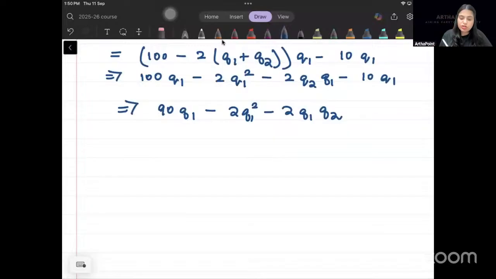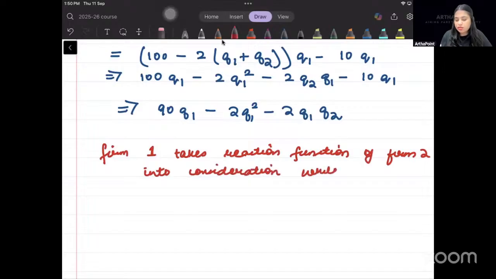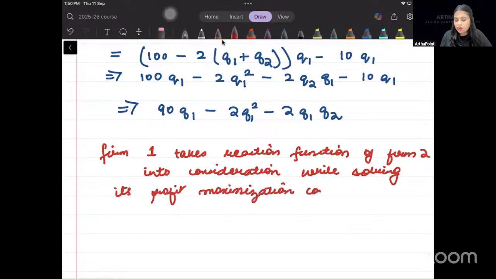This is a sequential game. So firm 1 takes the reaction function of firm 2 into consideration while solving its profit maximization condition.